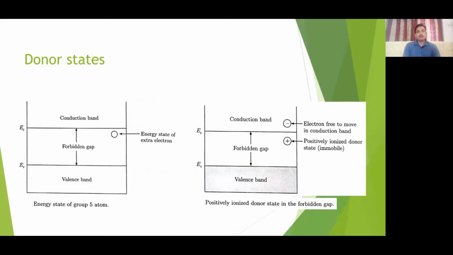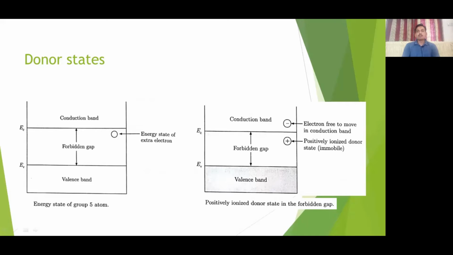So this is the point where the extra energy state exists. This extra energy state is basically called donor state or donor energy level. So one thing to remember: whenever you add an impurity atom to a host or pure semiconductor, it creates extra energy states, and these extra energy states basically help us to increase the conductivity of the semiconductor.